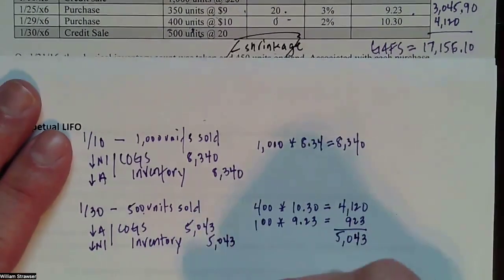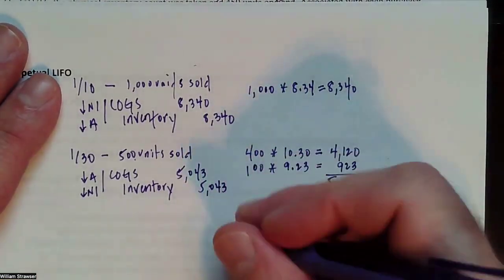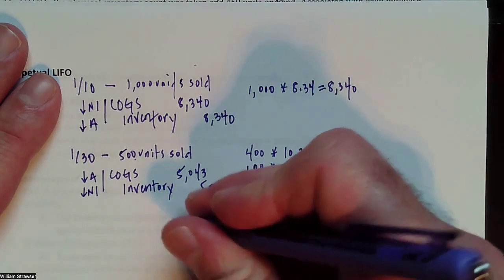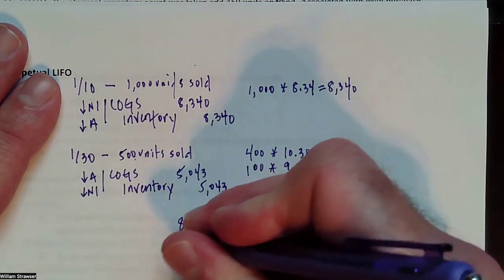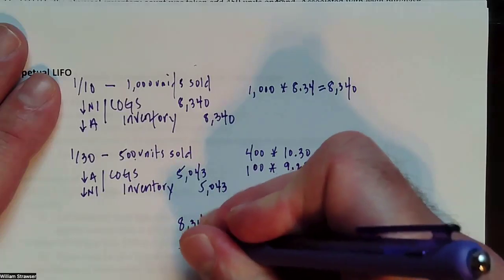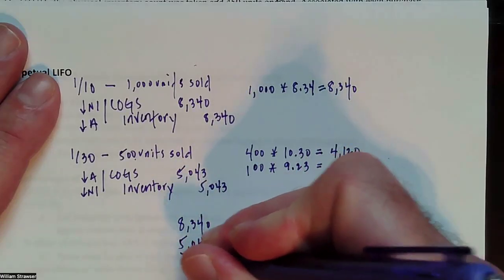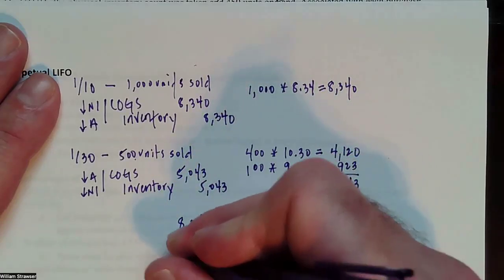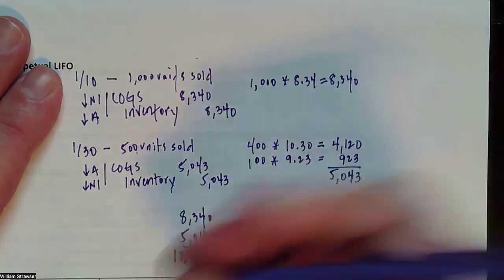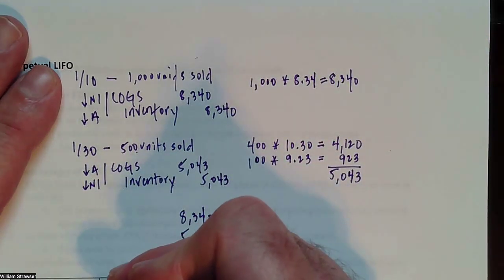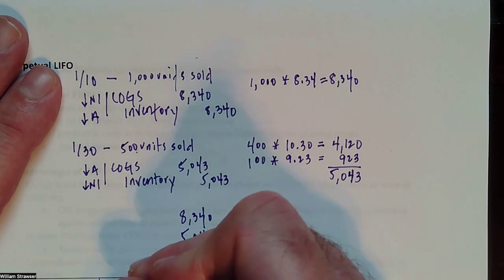Taking those two together gives me my total cost of goods sold. That's 13,383.